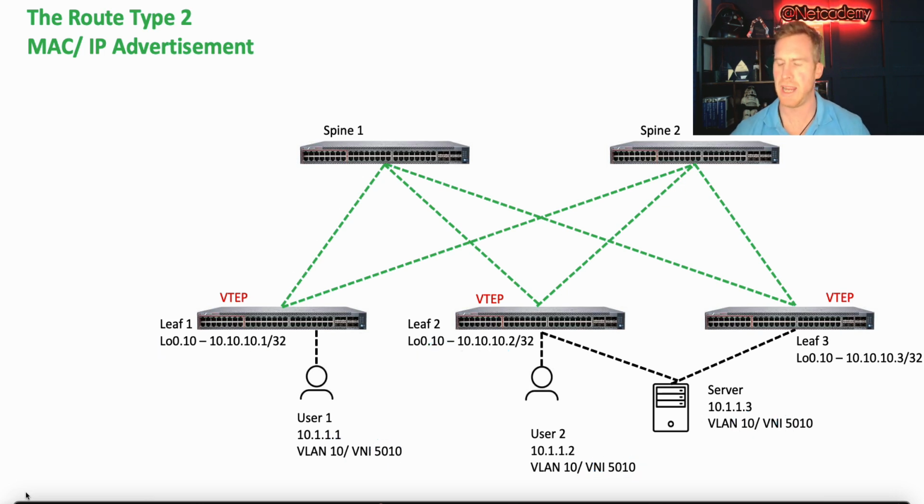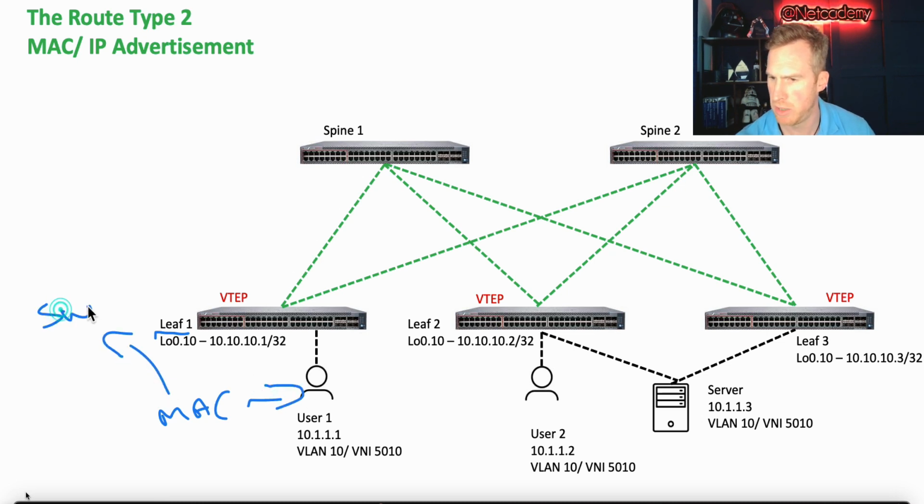So now let's go into the route type 2, the MAC IP advertisement. Let's say, for example, user 1 sends a frame into leaf 1 and it wants to get to user 2. At this point, leaf 1 is going to store the MAC address of user 1 in its switching table, its MAC address table.